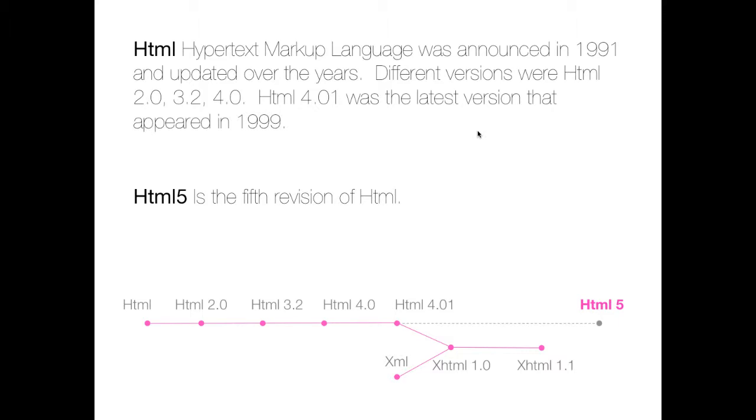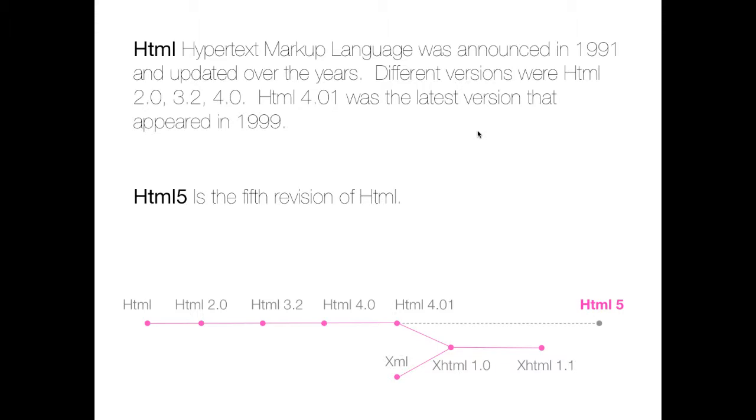In the meantime, a group of people who had initially proposed an evolved version of HTML 4.01 to the W3C and who were denied the proposal continued working on their own and came up with HTML5. Meanwhile, the W3C was working on developing XHTML 2.0.